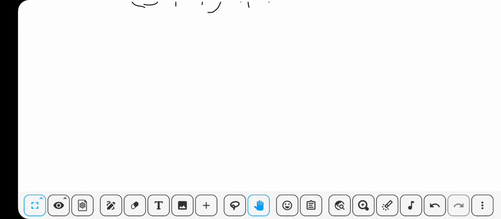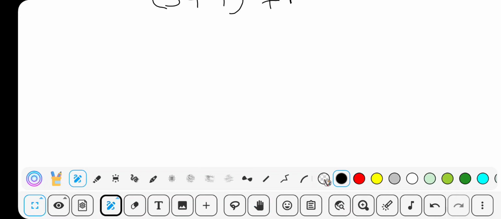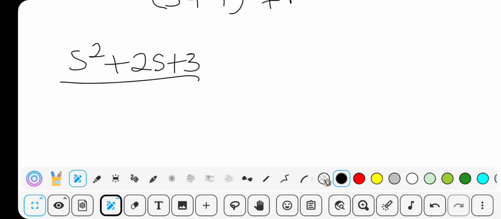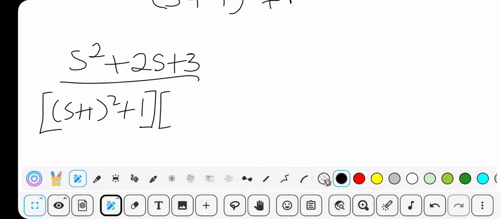So now let's continue. We still have to find the partial fraction even after factorizing. That's the reason why we are trying to factorize it. So now this will be s plus 1 all squared plus 1, and then s plus 1 squared plus 4.